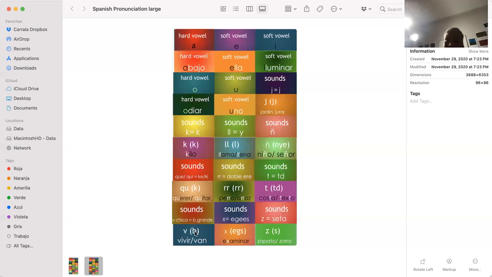This is called B grande, and this is called B chica. So the way you pronounce these two different letters is the same, but they're spelled differently: vivir is with a V, and beber is with a B.